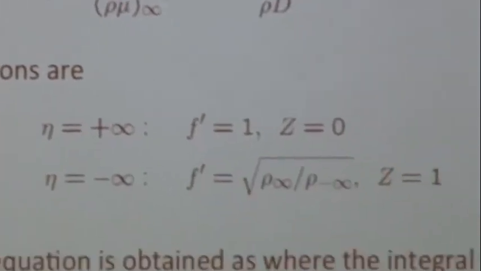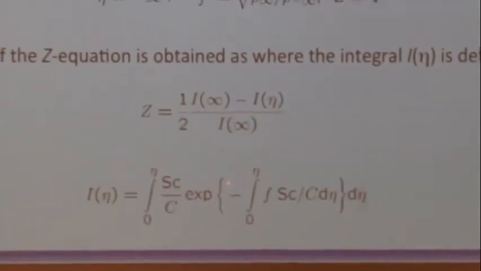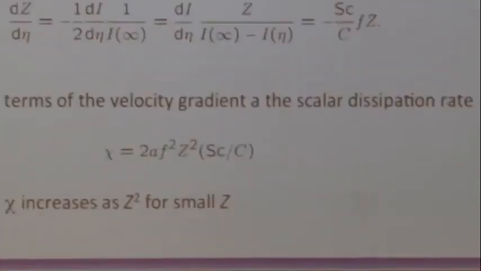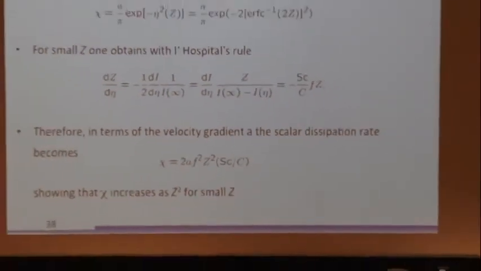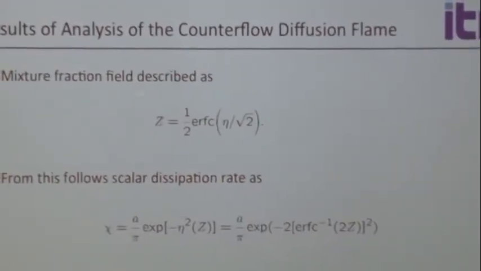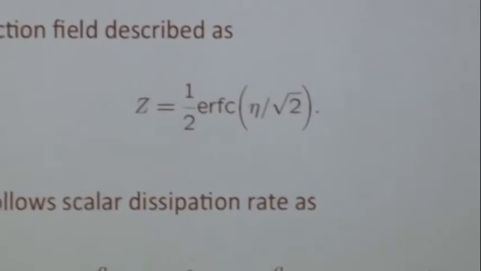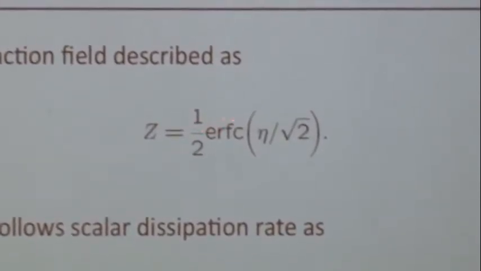You can derive an analytic solution for the mixture fraction in the counterflow diffusion flame, and the mixture fraction is the complementary error function of the similarity coordinate eta. Complementary error function is just 1 minus the error function.